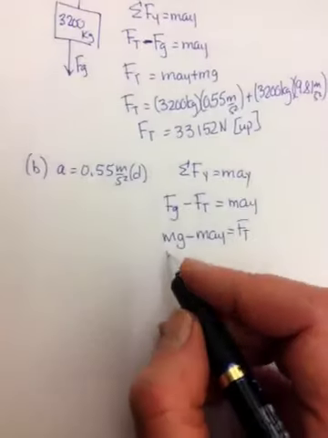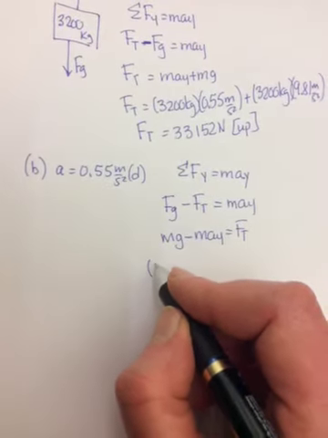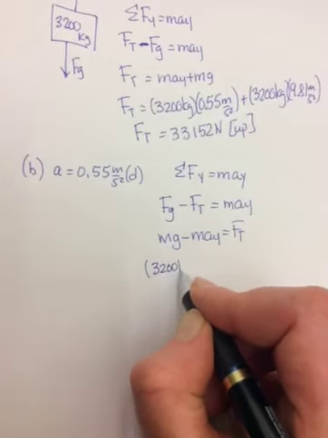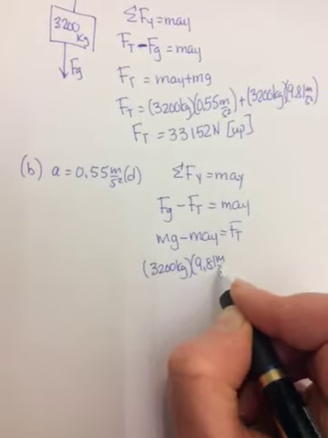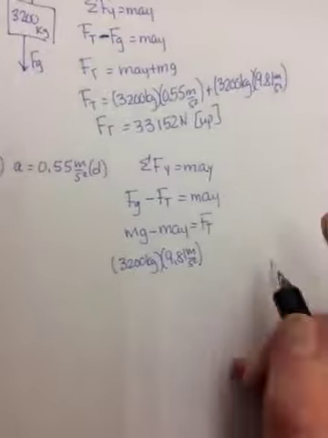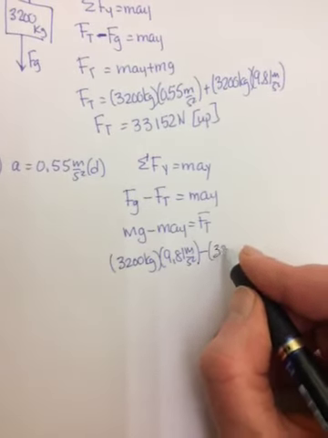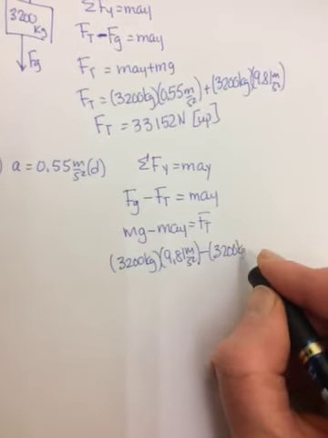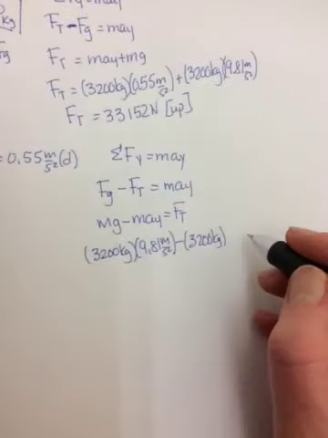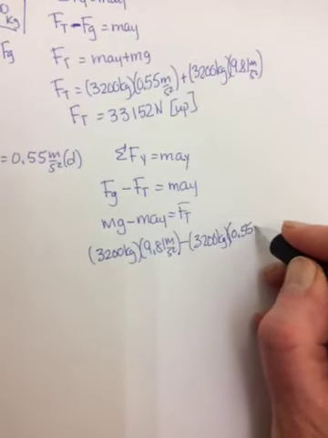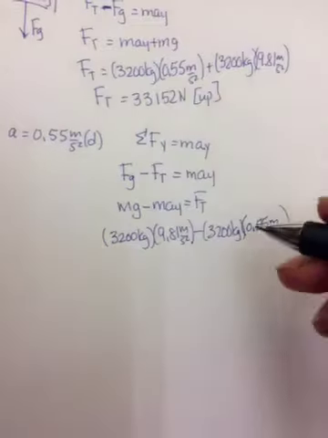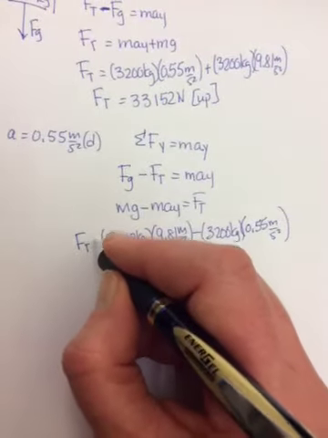Okay? And then mg, so that 3,200 kilograms times 9.81 meters per second squared minus 3,200 kilograms. And we call down positive, so this goes in as 0.55 meters per second squared. And this should give me Ft.